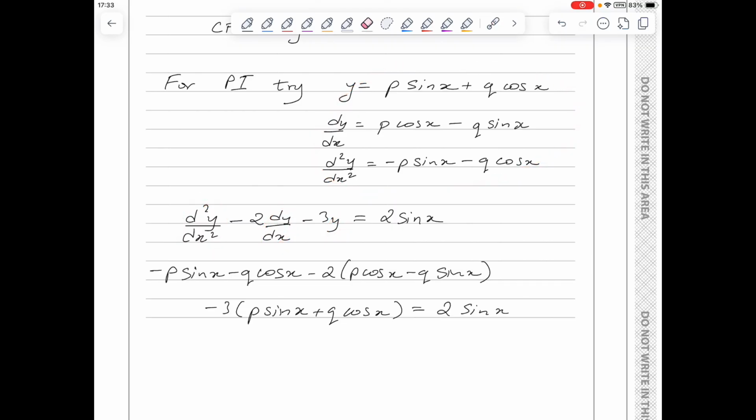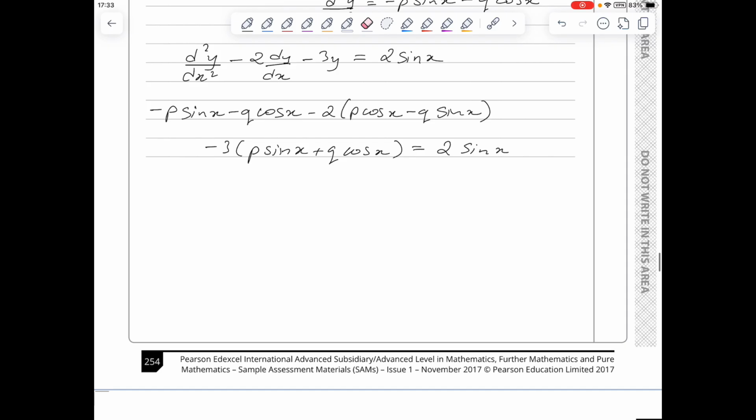This will give me minus p sine x minus q cos x minus 2 times (p cos x minus q sine x) minus 3 times (p sine x plus q cos x) is equal to 2 sine x. Now I will equate the sine and the cos terms of the left and right hand side.